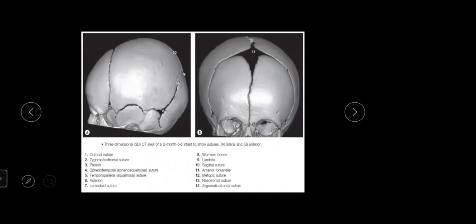The fontanelles, which we saw in the previous slide, are a membranous part within the skull of the newborn. It is formed from the fusion or joining of multiple edges of the skull bones, and it allows the growth of the fetal skull over the developing brain.